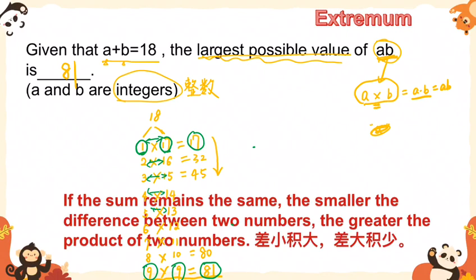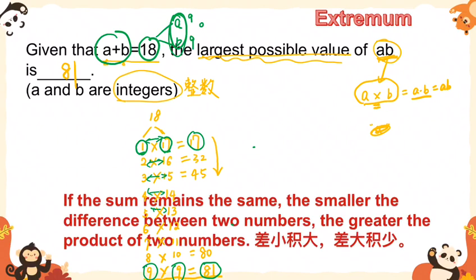So if you want to find the largest possible value, you need to take 18 apart into two numbers whose difference is very, very small, and we hope the difference is 0. Then it can be 9 and 9. This time, the product of the two numbers is largest. It's 81. That's all. Okay.